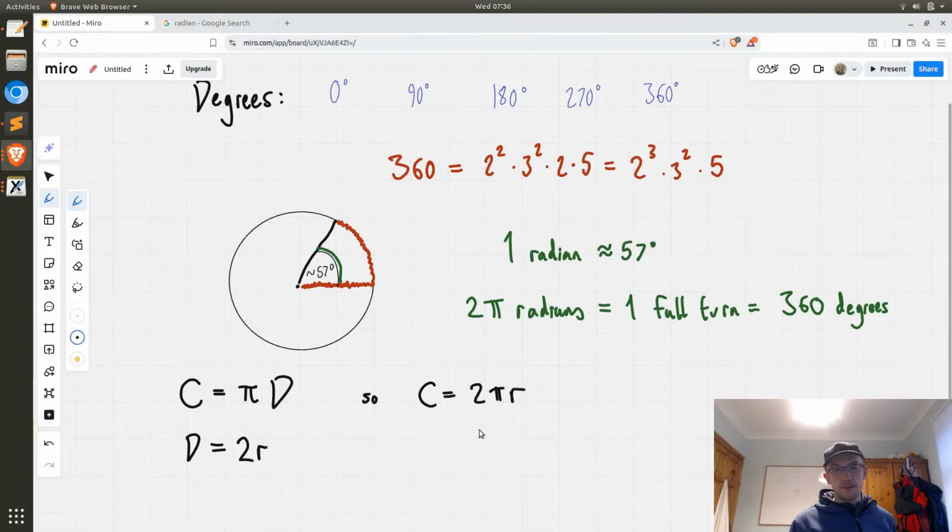And there's your answer right there. It takes 2 pi multiplied by the length of the radius to create the entire circumference. And because a radian is set up in such a way that that arc length is exactly equal to the length of the radius, you can see how it makes sense.